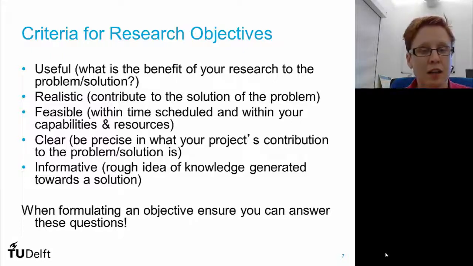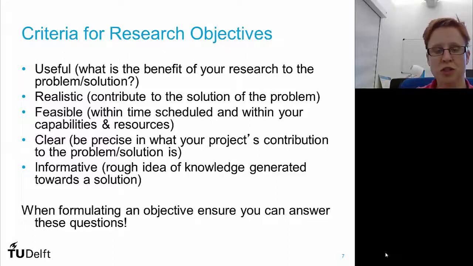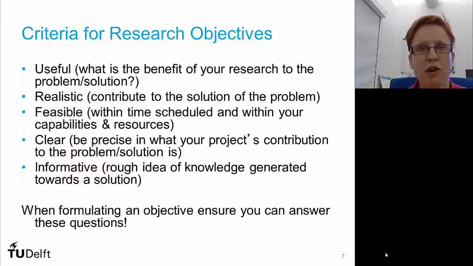Is it clear? Be precise in what your project's contribution to the problem or solution is. This is an important one, because if it's not precise, you will forever come back to your research objective whenever you get stuck. Was this or was this not part of what I set out to do? There will be many temptations on the way and lots of ideas coming out, because we as supervisors love research, so we always have brilliant ideas coming into our heads.